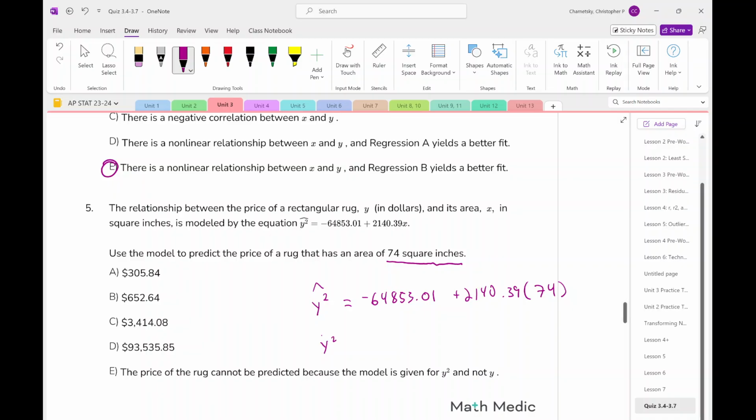but there is one issue: that is not our y value, that is our y squared value. So what we need to do in order to solve this is take the square root of both of those.